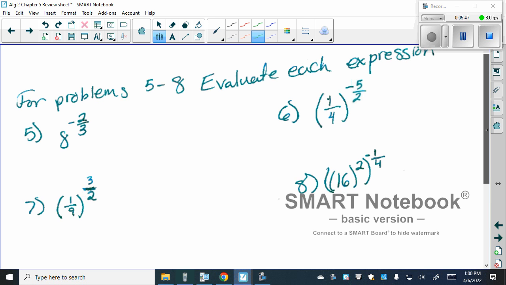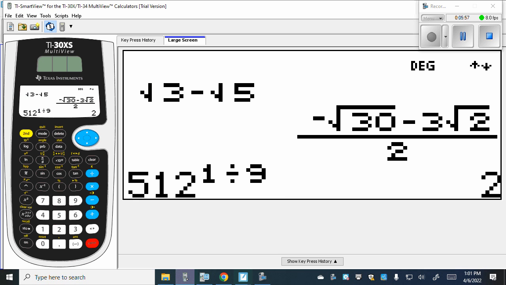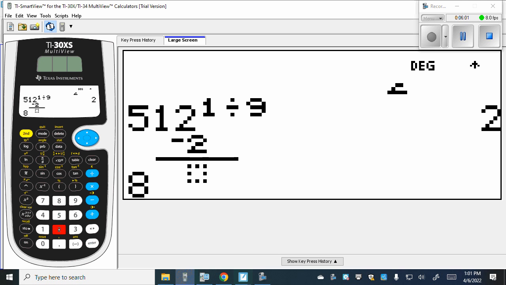All right, let's look through 5 through 8. We want to evaluate, so we can plug it in. 8 to the negative 2/3 is 1/4.